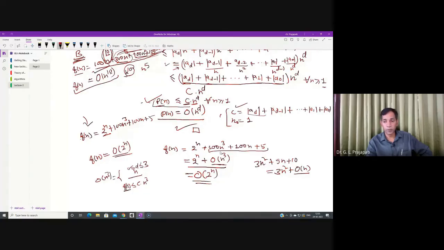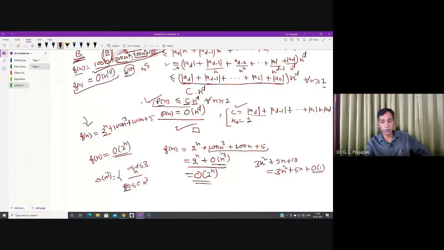This is more general. You can say 3n square plus 5n plus 5n plus, you can say this is order of 1. And once you have written order of 1, you should not mean 1 as 1 minute or 1 second or 1 operation. No, simply 1 denotes that this is a constant. So this is independent of the input size.